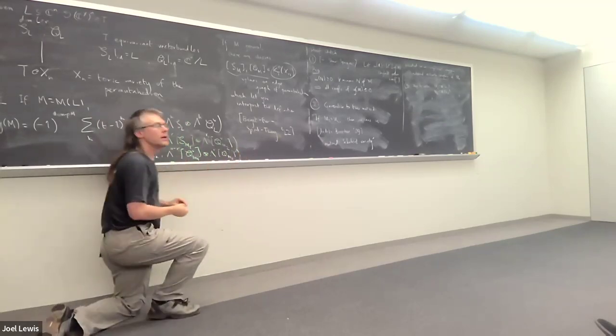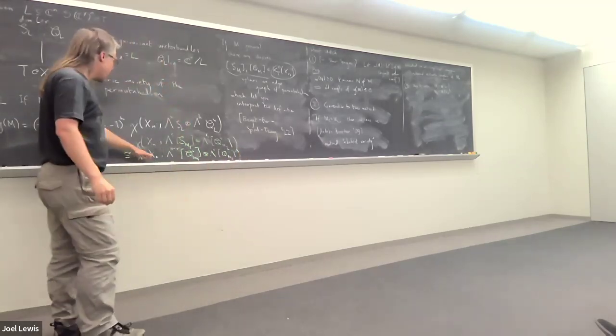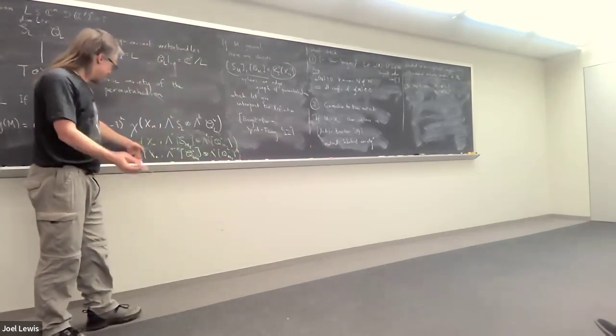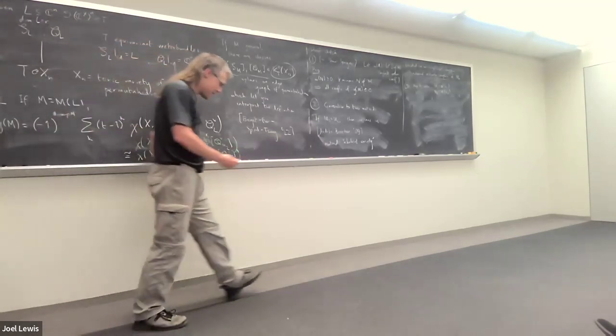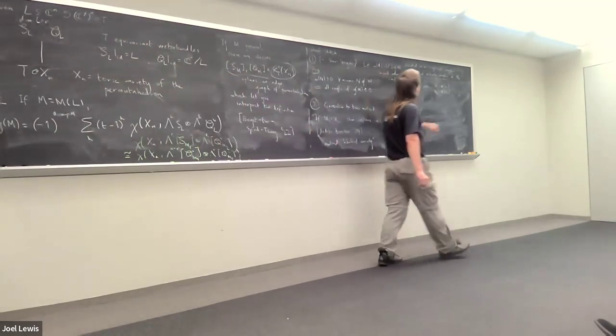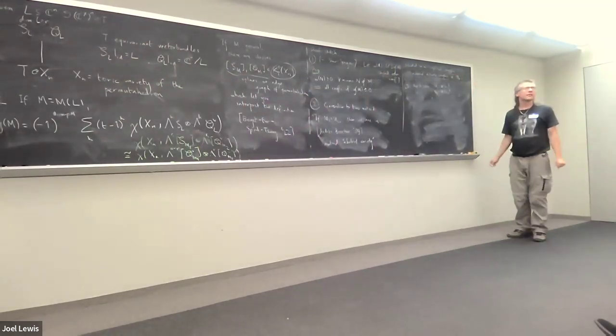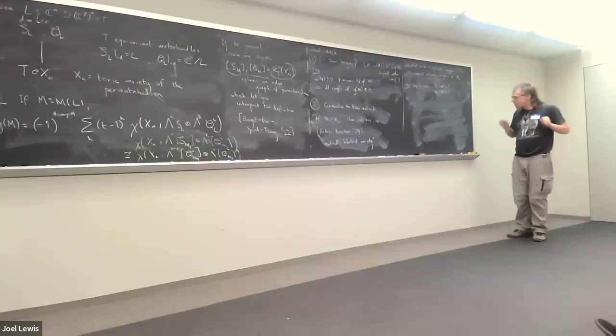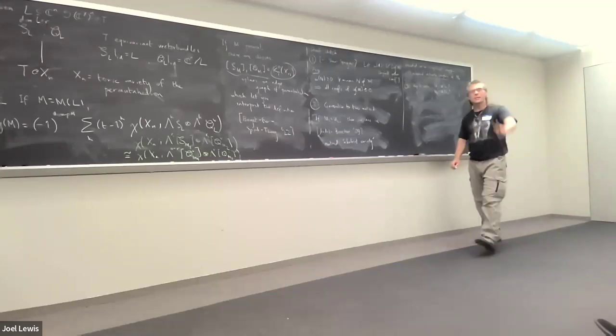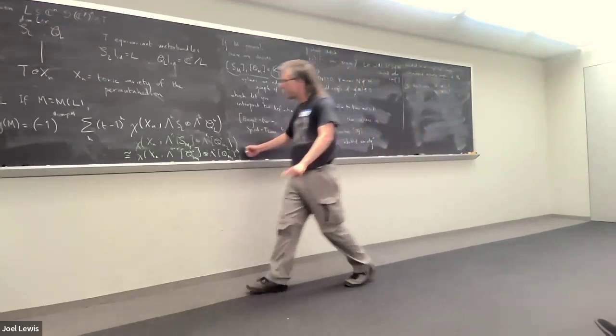Okay, so we have this holomorphic Euler characteristic. The goal is to turn it into some kind of simplicial complex. In large strokes, two steps. First of all, this is a vector bundle.